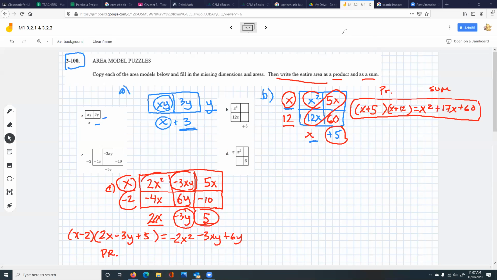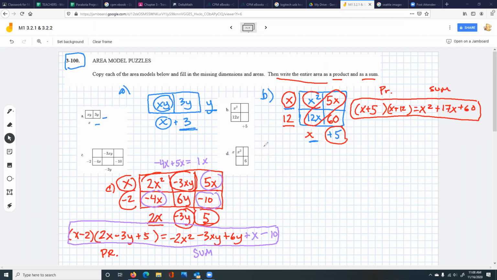I see a like term in here: negative 4x and positive 5x. What is negative 4x plus positive 5x? That's positive 1x, so I'm going to put a plus x. And then lastly, the constant always goes at the end, minus 10. So that is our product sum.